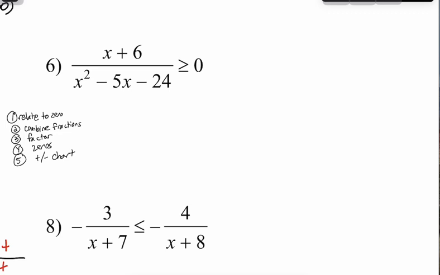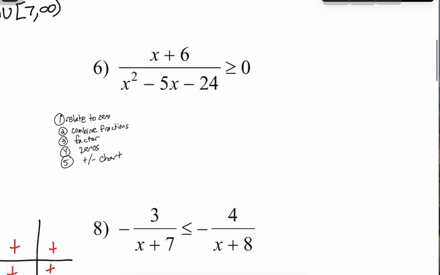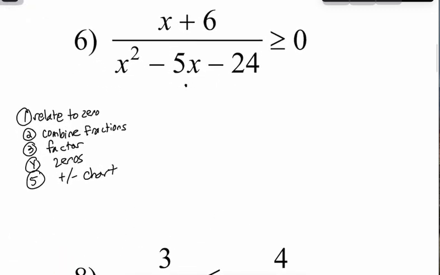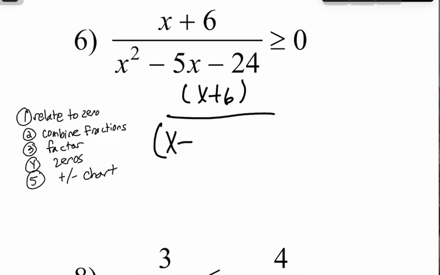Okay, so it's already related to 0. It's in one fraction, so all fractions are combined if you think of it like that. So now we just have to get this one into factored form. So x plus 6 is already in factored form. The bottom has x minus 4.